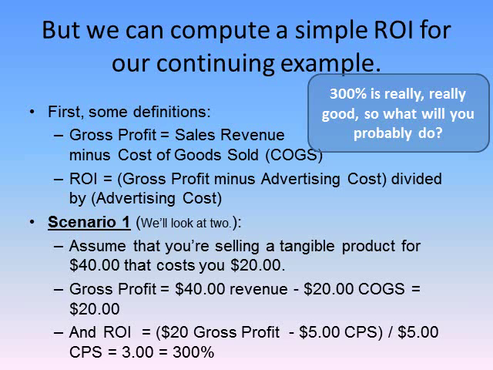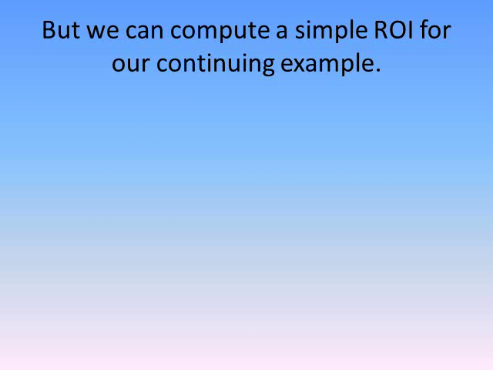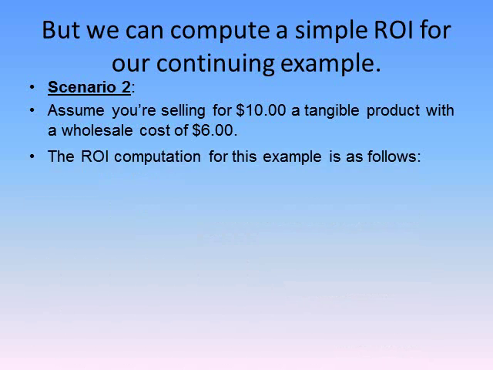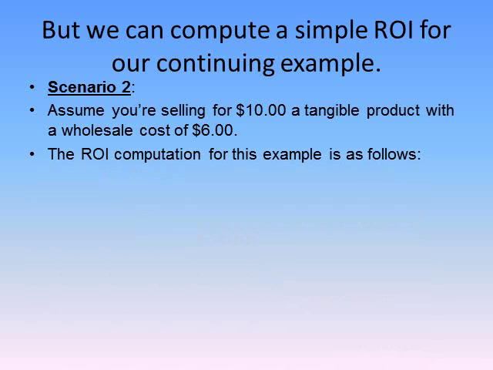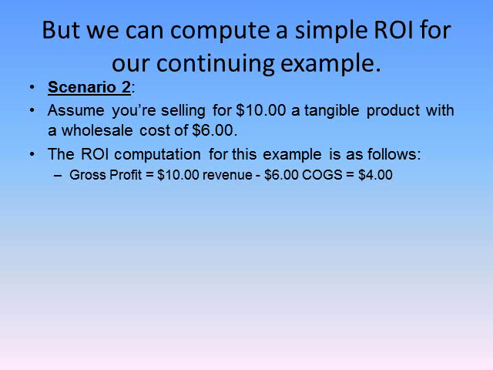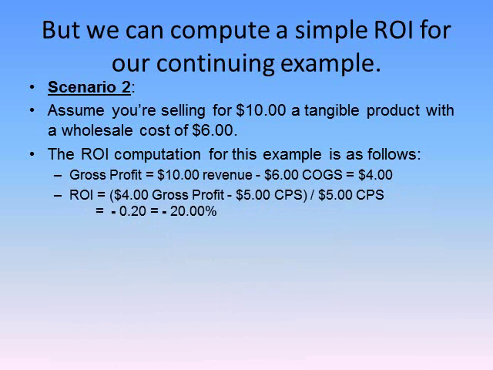Now, let's look at scenario 2. Scenario 2 says, assume you're selling for $10 a tangible product with a wholesale cost of $6. So now we're selling it for $10. It has a cost of $6. Here's how we compute the return on investment. Gross profit is equal to the $10 revenue less the $6 cost of goods sold, or $4.